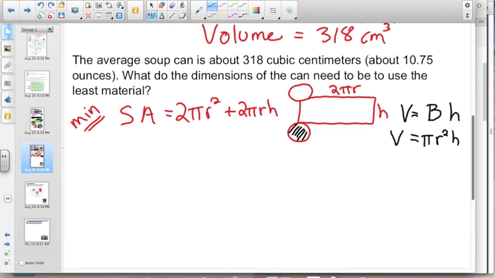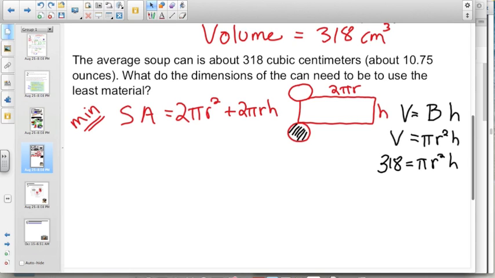So we know our constraint is volume. We know we need to keep our volume at 318. There's the constraint. And we know we need to minimize surface area. So we've got two variables, r and h. Which one do we want to keep and which one do we want to eliminate?